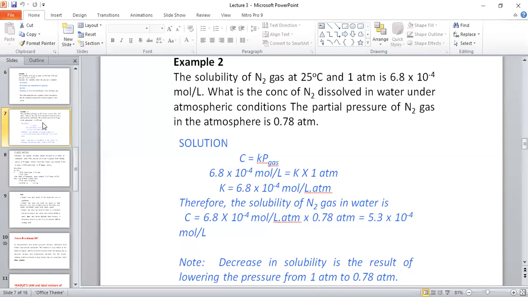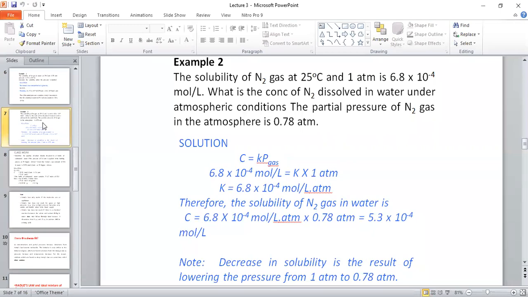You still use that relationship, the equation for Henry's law, C is equal to Kp. You're given the solubility here as 6.8 times 10 raised to power minus 4. You put it there, and your K, that is the Henry's constant, you use the K that you got before.